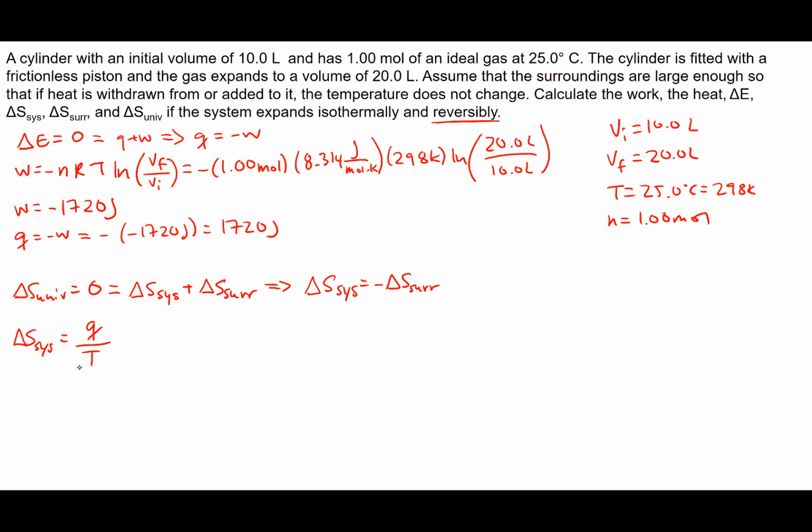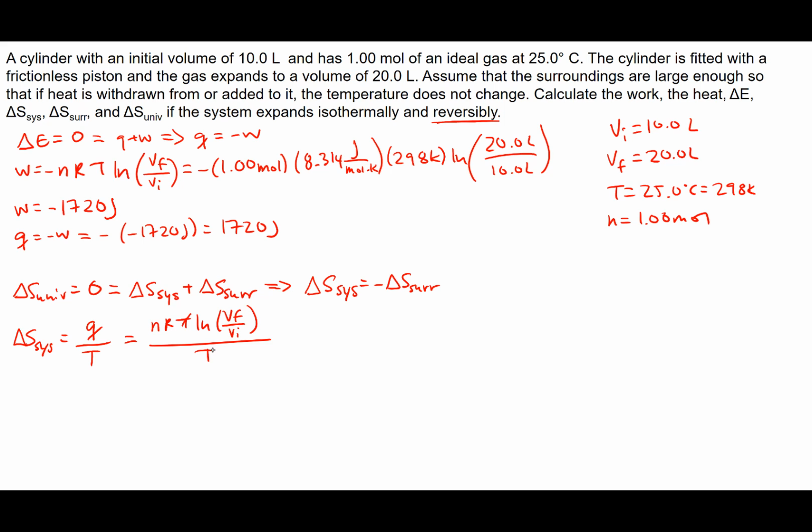Another way that you can write this out is, if you take Q and relate it to the nRT natural log of Vf over Vi, you can have nRT natural log of Vf over Vi divided by temperature.